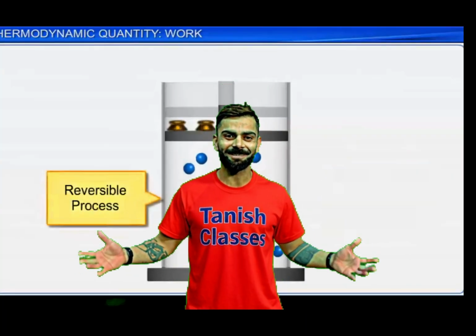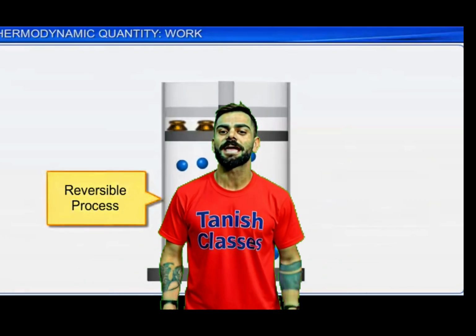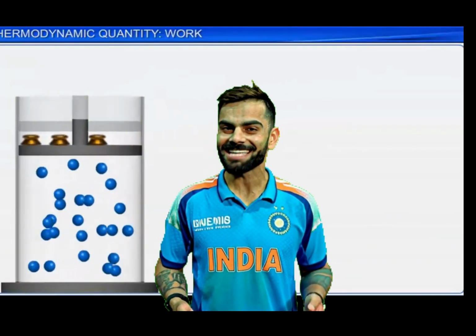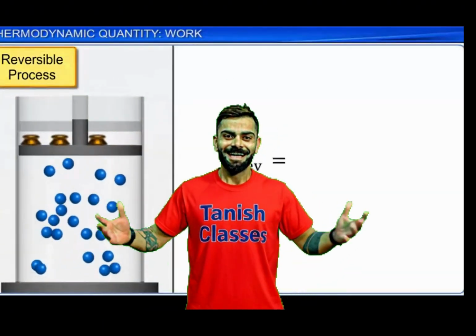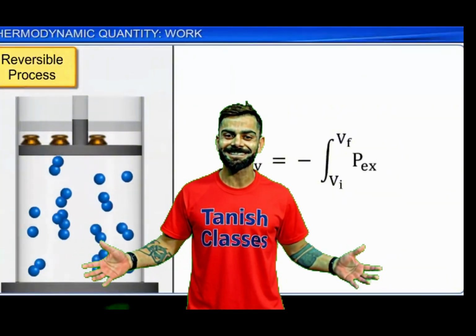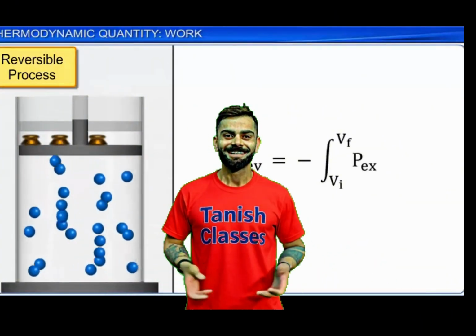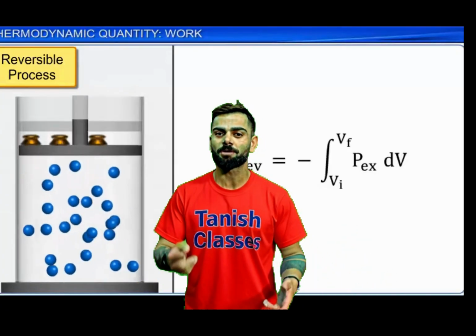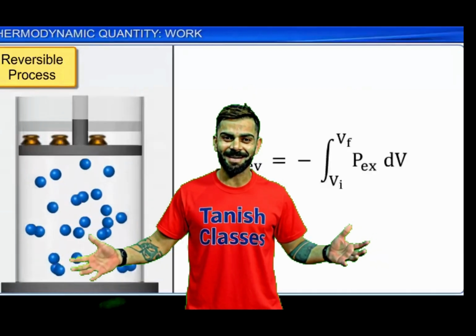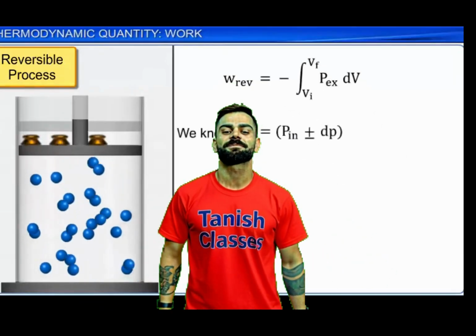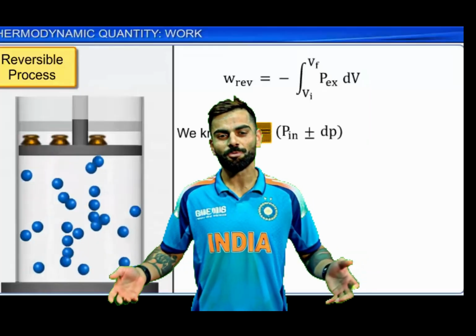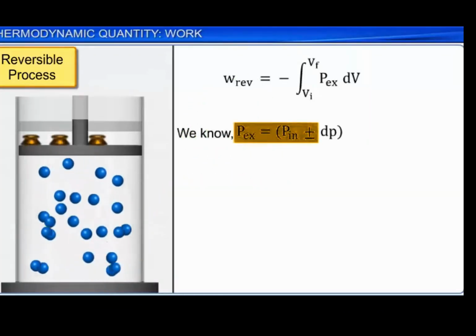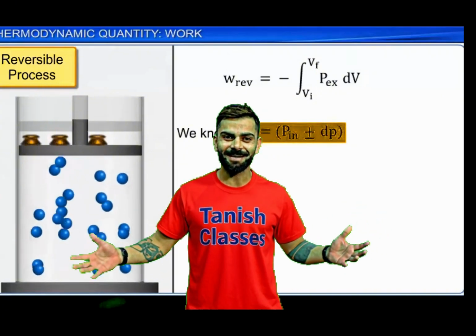Under reversible conditions, the relationship between work and internal pressure is written as reversible work equals minus integral of external pressure Pex with respect to infinitesimal change in volume dV. We know that external pressure Pex equals internal pressure P in plus or minus infinitesimal change in pressure of the system dP.